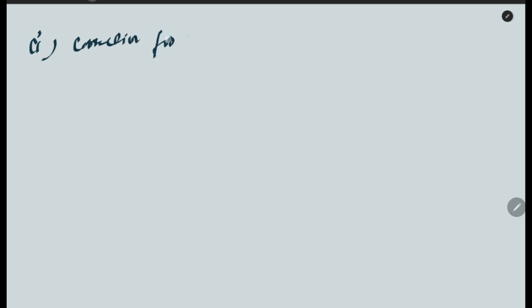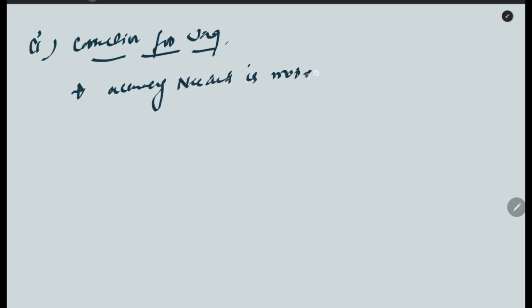Correction for the sag. Why do we actually need this? Sometimes, when the accuracy needed is more, rather than laying the tape along the ground, it is suspended between the two tripods.